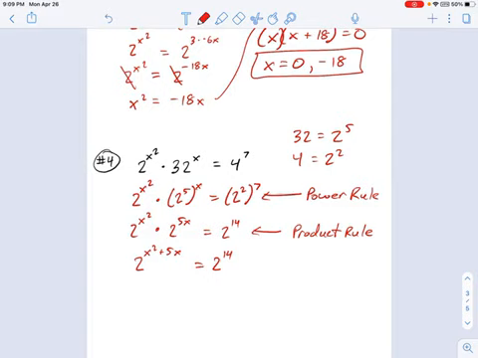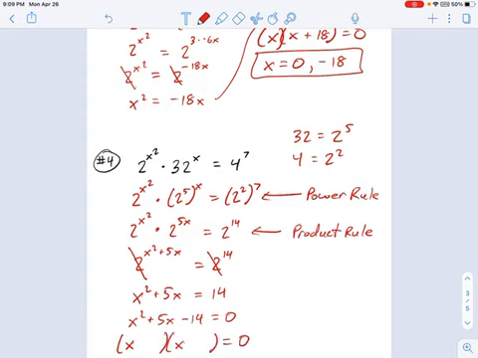And now at this point, I can just cross out those bases because of exponential equality and reduce this to x squared plus 5x equals 14, which we move all over to one side because I'm going to be factoring this. We get x squared plus 5x minus 14 equals 0, which turns into x and x with something in the parentheses.